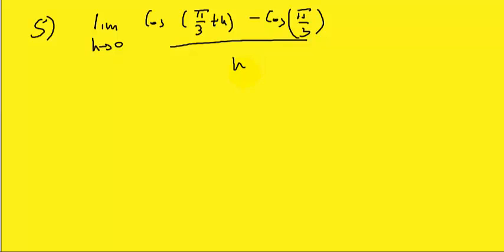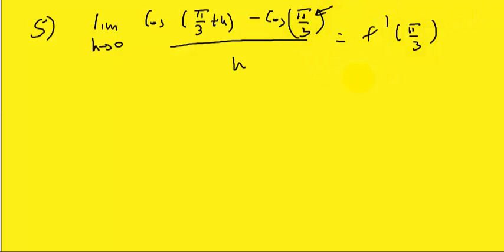Determine if this exists. If it does, write an equation of a tangent line. What do you mean determine this exists? This is really the definition of what? F prime at pi over 3. That's the definition of a derivative at pi over 3. They just plugged in a pi over 3 right there.